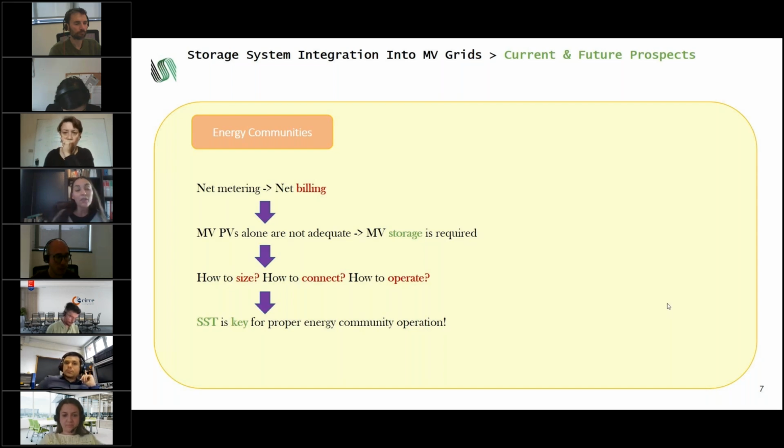This means that medium voltage photovoltaics alone are not adequate for energy communities. The medium voltage storage system is required. So the question is how to size this medium voltage storage system, how to connect it, and how to operate it. In this case, the solid state transformer, the SST, is key for proper energy community operation.